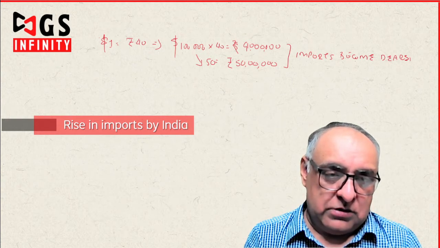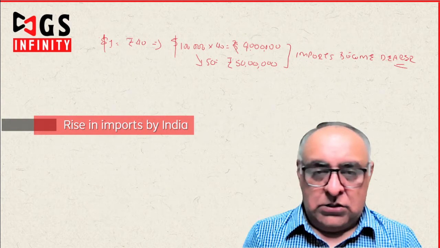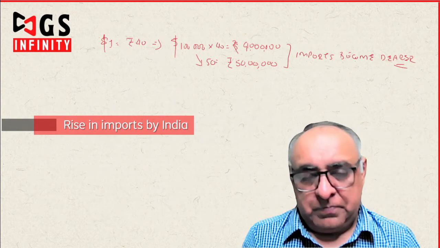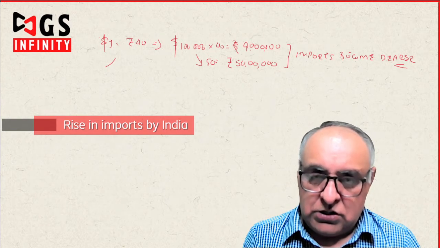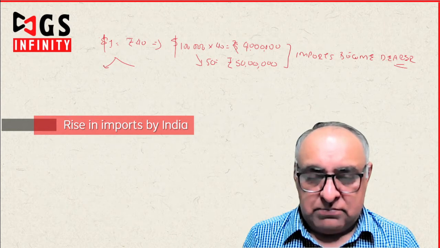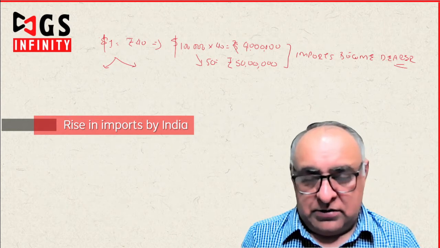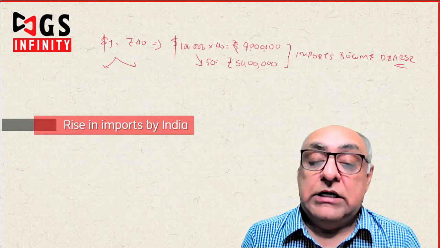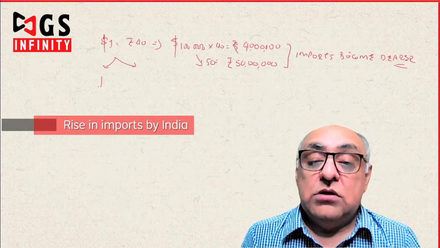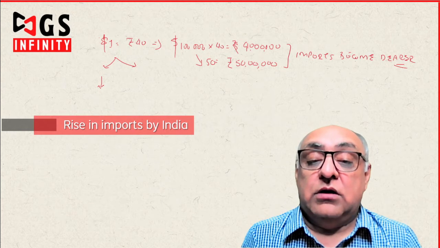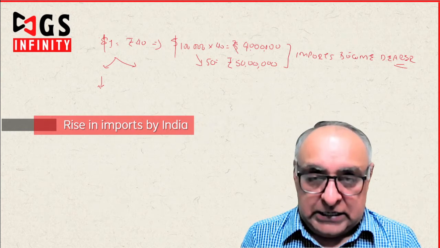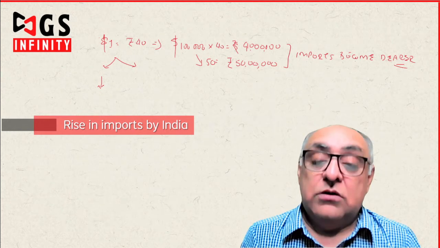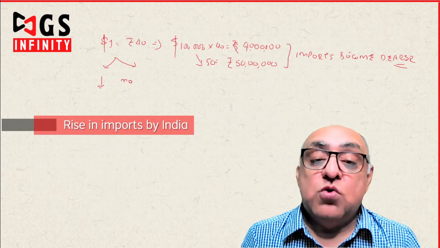Imports become dearer. So in this case, there may be two types of decisions by the Indian buyer. One, the Indian buyer may decide to reduce the amount of imports, and second, the Indian buyer would have to pay more money on imports.